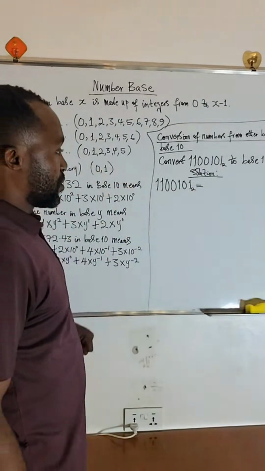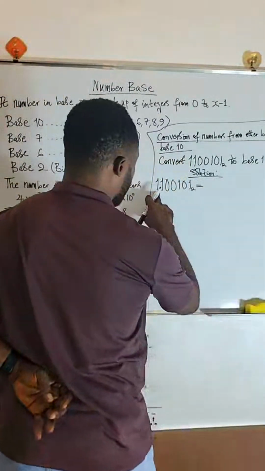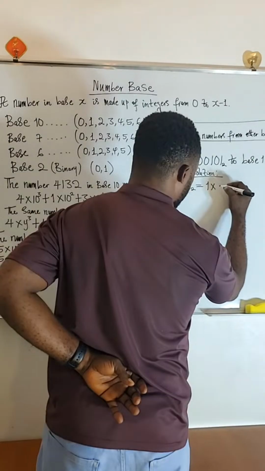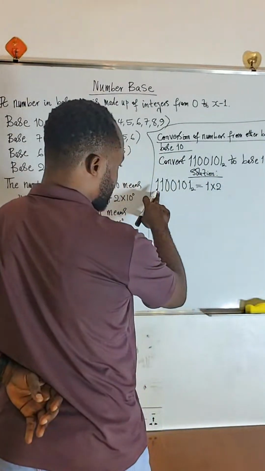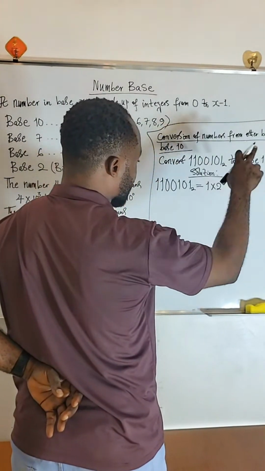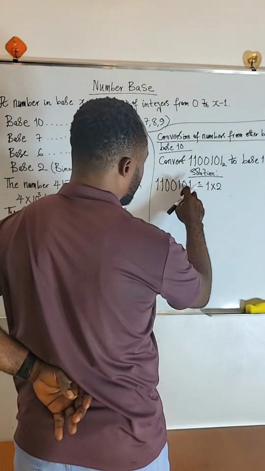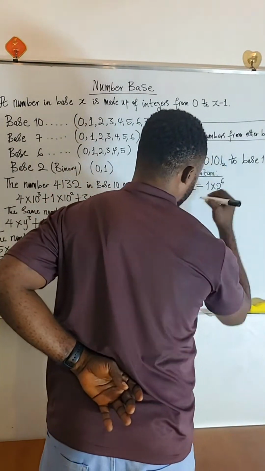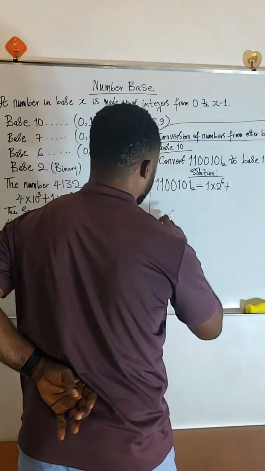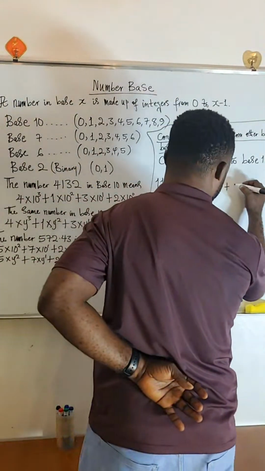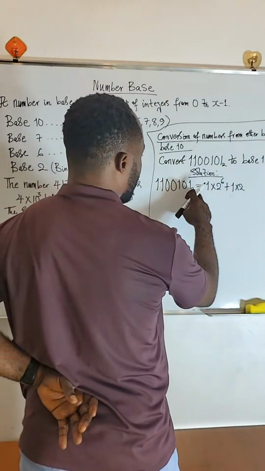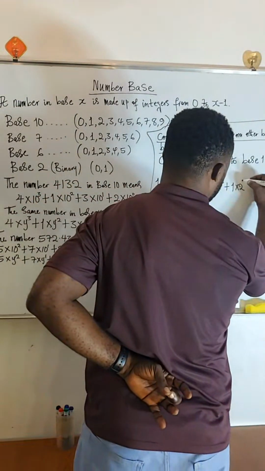All right, so this first one, you have 1 times 2. This first digit is multiplied by the base and then raised to the power of the remaining digits, which is 1, 2, 3, 4, 5, 6. Okay, this is 6. Is that right? Plus the next one, which is 1 times 2 raised to the power of 5.